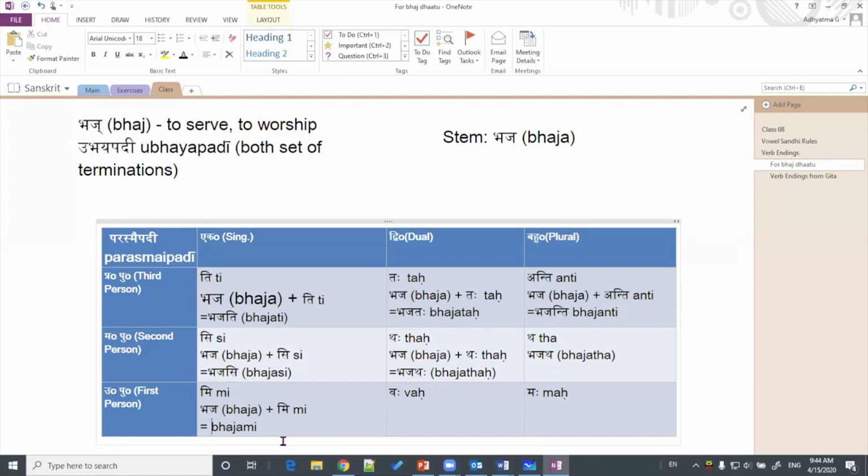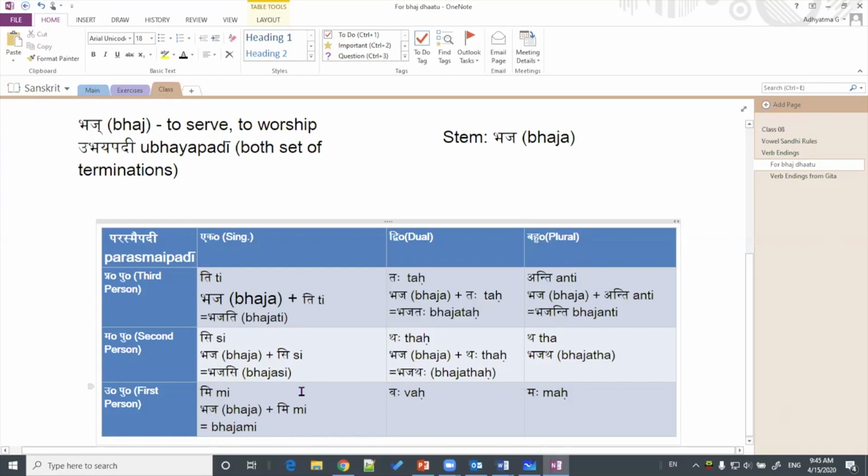there are many rules, exceptions to the rules, and exceptions to those exceptions which Panini mentions, which are applied when we derive these forms. So the questions would naturally come, and I just want to tell you that there are certain rules. It's not that we are making a mistake here.